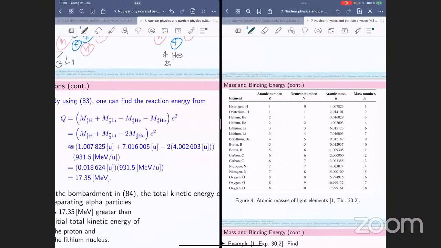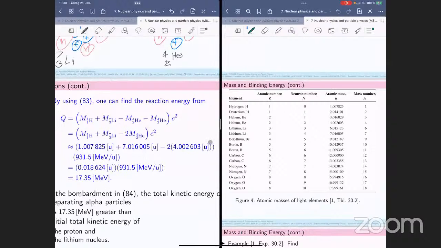Capital M, and we express it in the atomic mass unit. We change the c squared to become 931.5, and the unit is mega electron volt per atomic mass unit, right? Here, everything will be computed in atomic mass unit, and we compute it by 931.5.